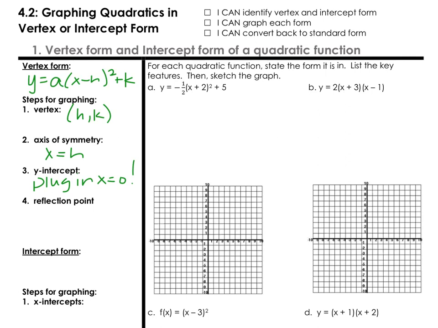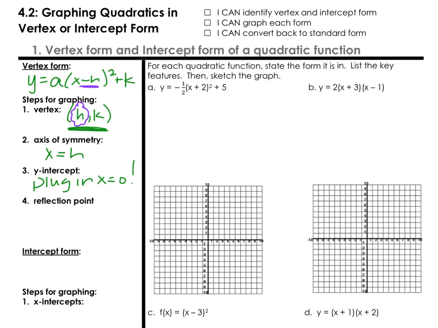Vertex form is when you have one parenthesis being squared. You possibly have a number out in front, our a value, and then it's x minus h squared plus k. The vertex is an ordered pair, and remember it's h comma k. The h value is what was throwing students off when we took our quiz the first time. Remember, it's negative h by definition, so if it's x minus h in your equation, then h would be positive.